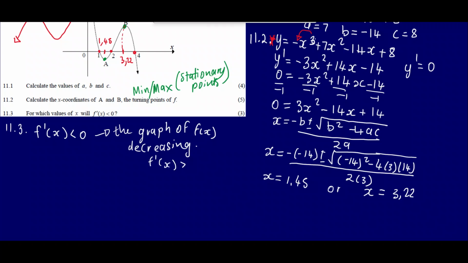Meaning that if it was f prime greater than 0, we would be looking at the increasing part, where the graph is increasing. So where is the graph decreasing?